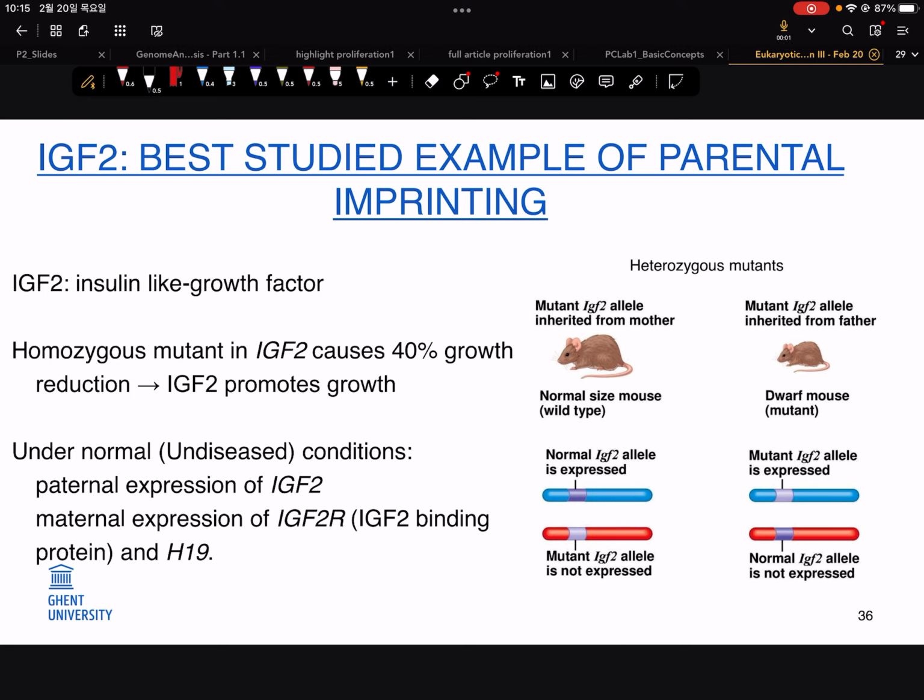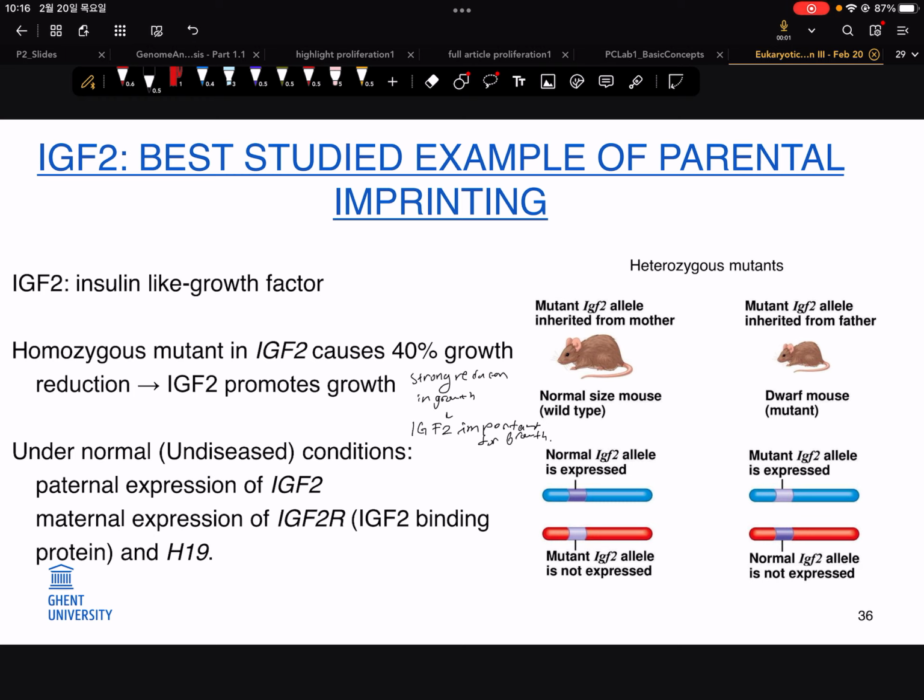If you have a homozygous mutant, so that has been done in mice, homozygous mutants were made in IGF-2, and you see a strong reduction in growth. So, meaning that IGF-2 is important for growth of an organism already from embryonic stage, but also throughout life, you see that continuous reduction if you're homozygous mutant for IGF-2.